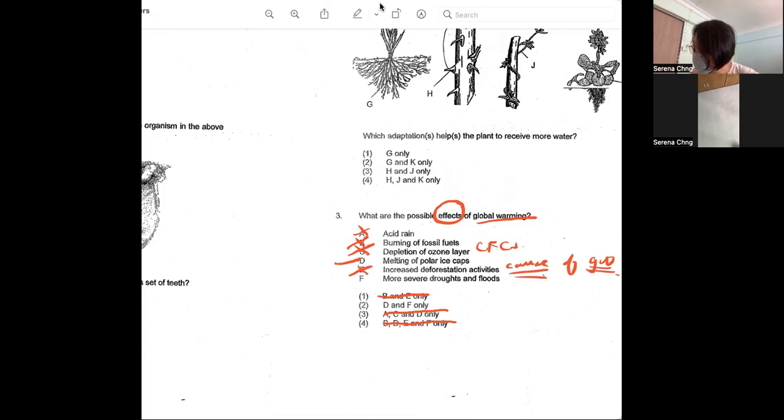Now, more severe droughts and floods, yes. This one you have to learn well for open-ended questions. You have higher global temperature, so you have a faster rate of evaporation.